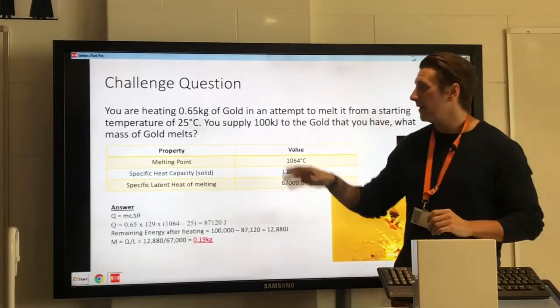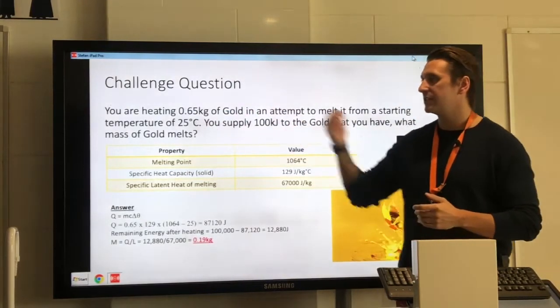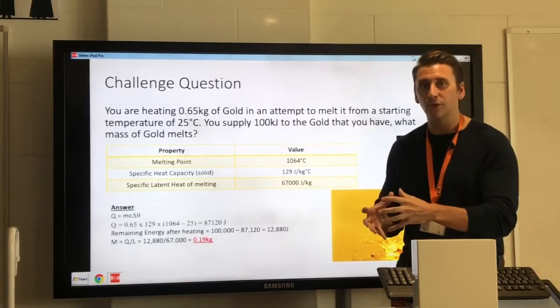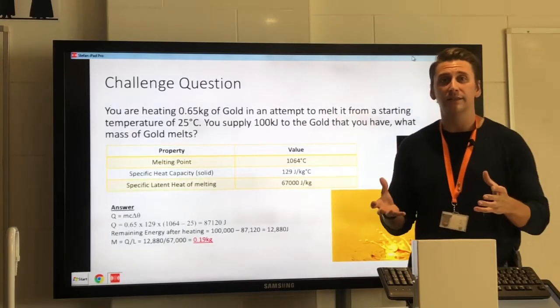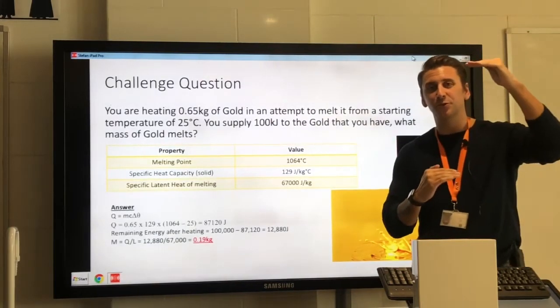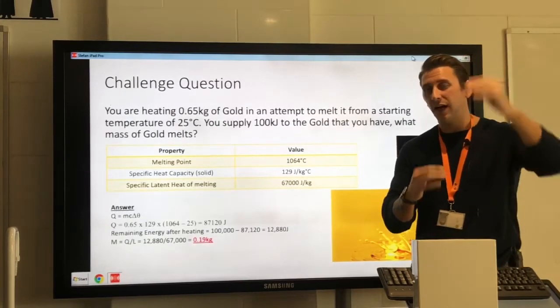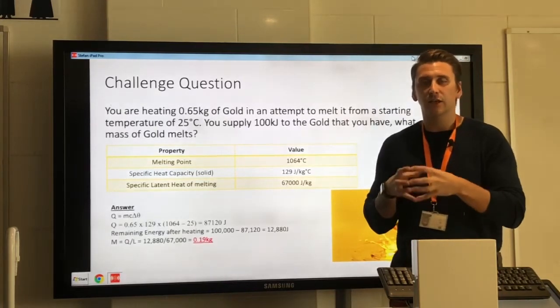So actually, if I start with 0.65 kilograms of gold, but I'm at 25 degrees C, and I input 100,000 joules to that solid gold, only 0.19 kilograms will actually melt, because 87,000 joules was spent raising the temperature, Q equals mc delta theta, and only 13,000 joules was used to change the state, Q equals ml.